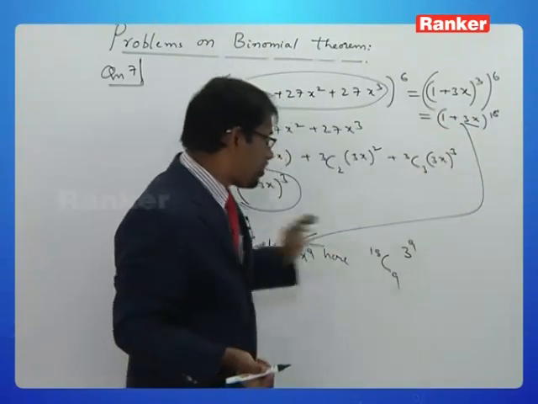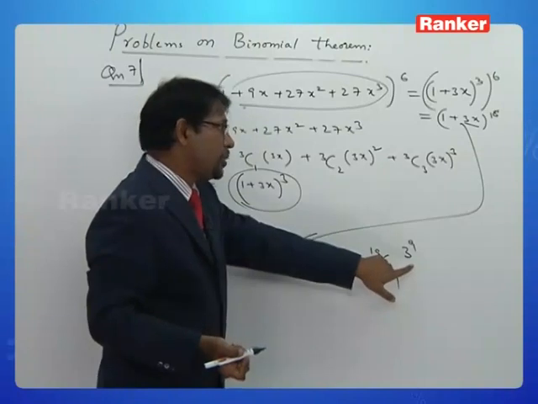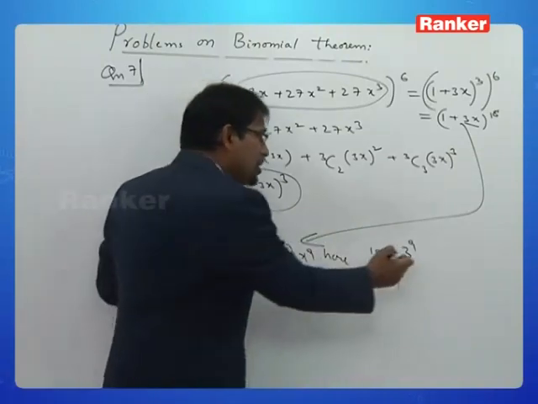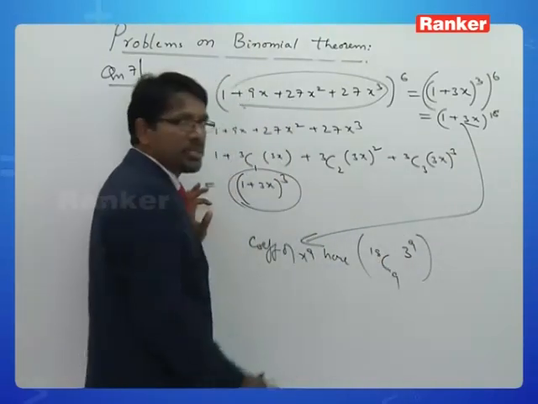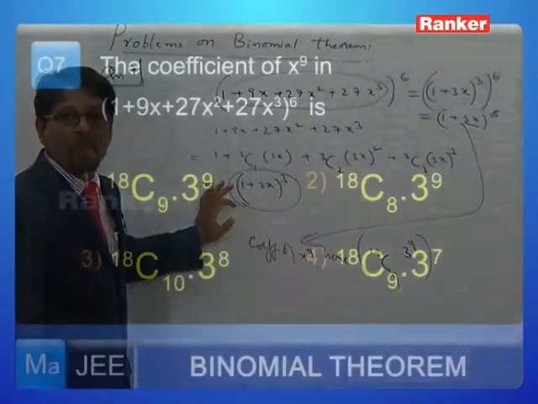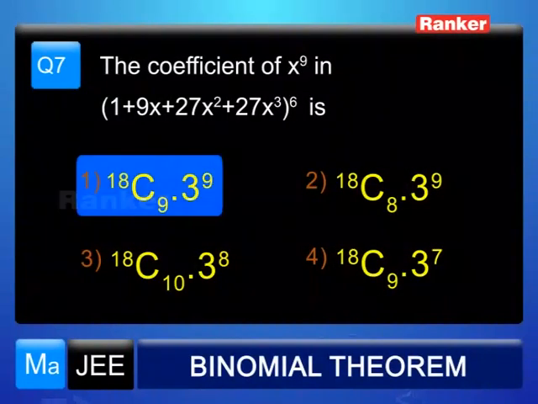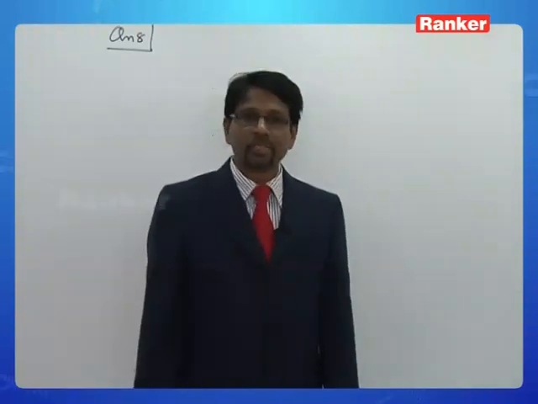So (3x) raised to the power 9 is the term that I will be getting, but we are interested in the coefficient, so it is 18C9 into 3 power 9. So the answer is clearly option 1. Let's move on to the next question.